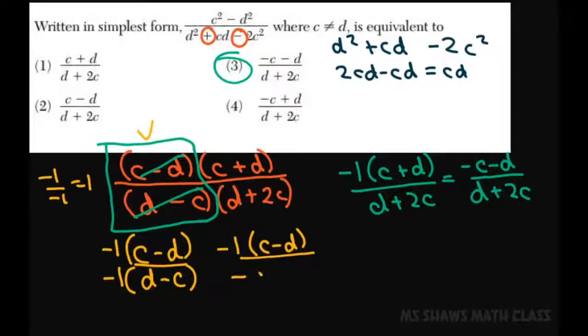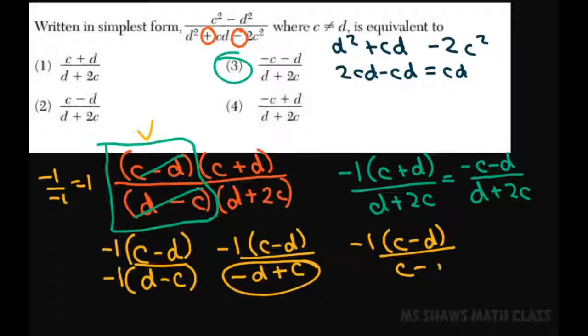So that's negative D plus C, or plus C. And then when you change it around, you get -1, C minus D. And then I'm going to change that around to C minus D. So that cancels out, and that's why you get your -1. And that's it.